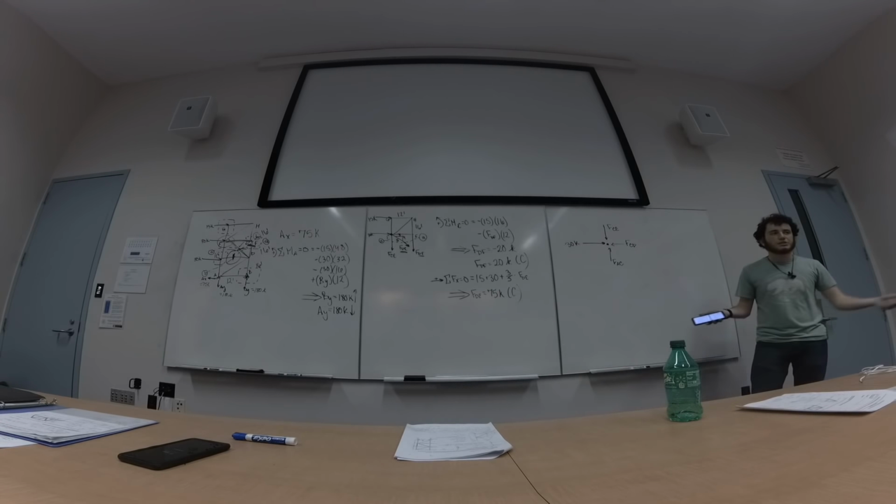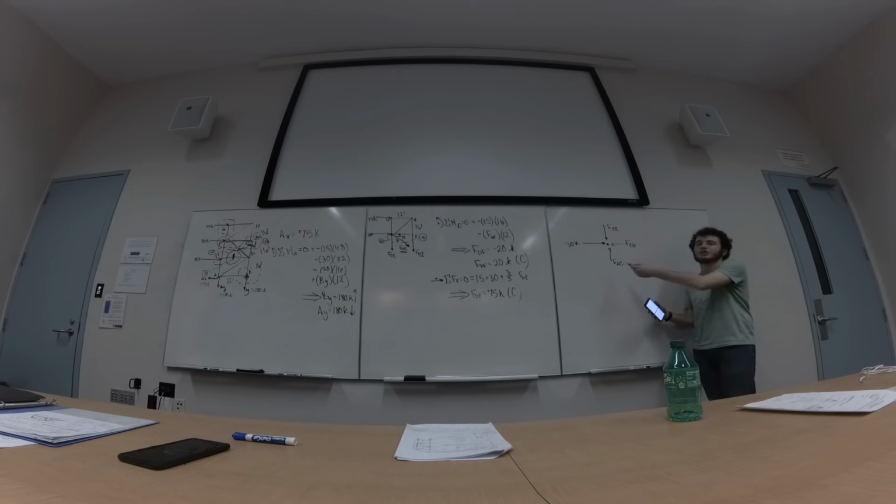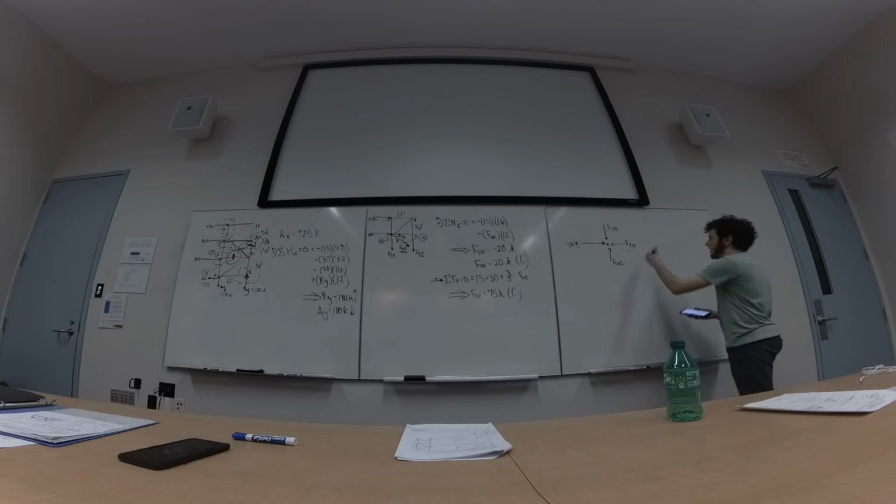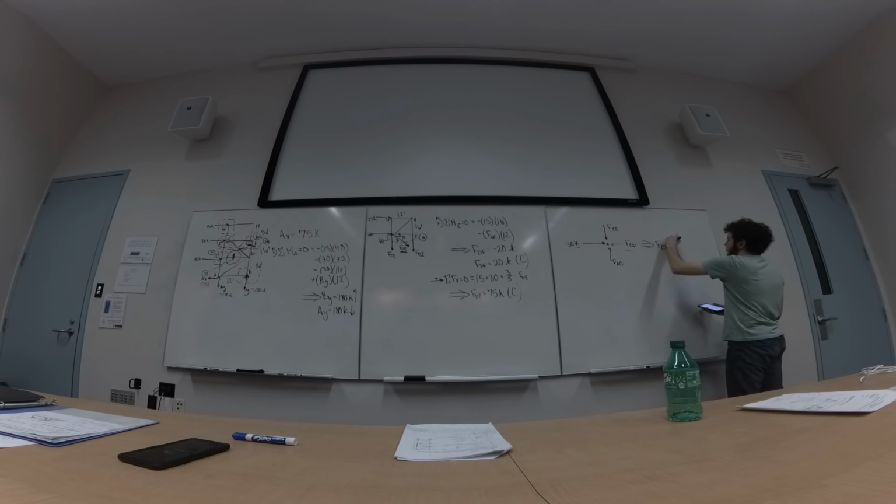I'm sure at this point y'all are pros. Y'all can see that by inspection, FCD equals 30 kips. Does that make sense to everyone? We're just going right to that, so FCD equals 30 kips.